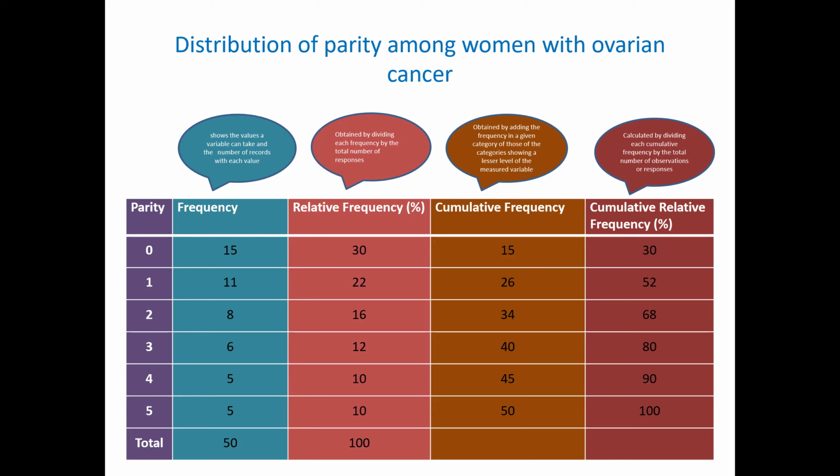If another group has 80, how do you compare? If in this group there are 15 that are para 0, and in 80 women maybe 16 are para 0, we cannot say 16 is more than 15, because the total is not the same.